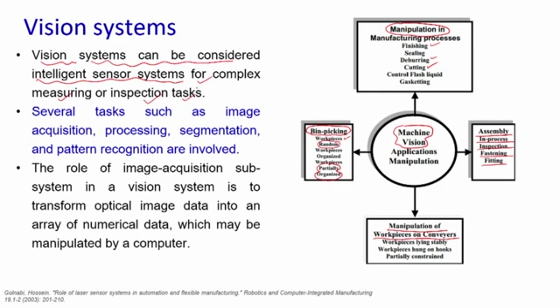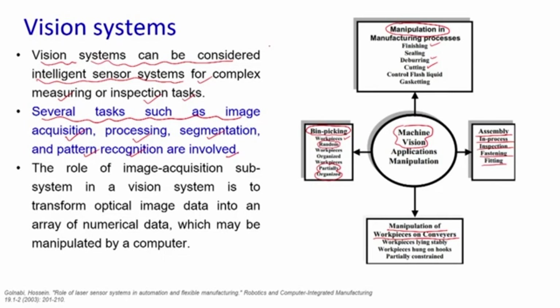This machine vision system involves a very complex process because we have to consider the shape of the product, its orientation, its color, texture, illumination. By considering all these things we have to develop a machine vision based system for recognition or for recording of the objects.